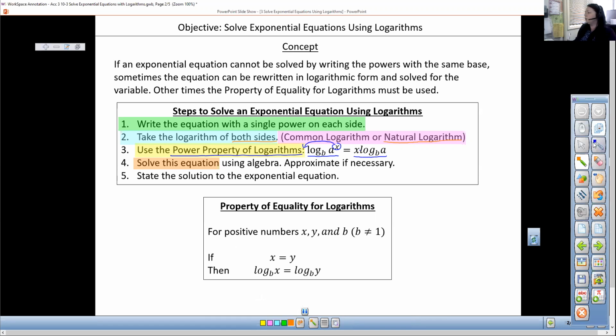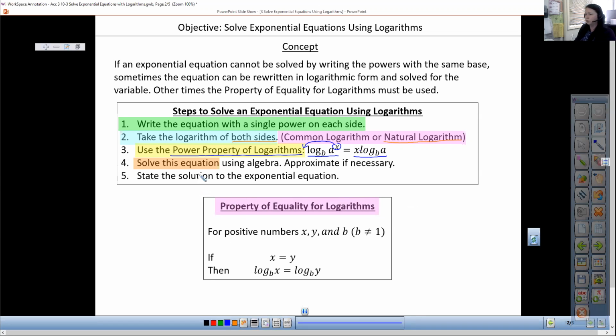So this down here, which says the property of equality for logarithms, is what we're using for step 2. That's why it's here.